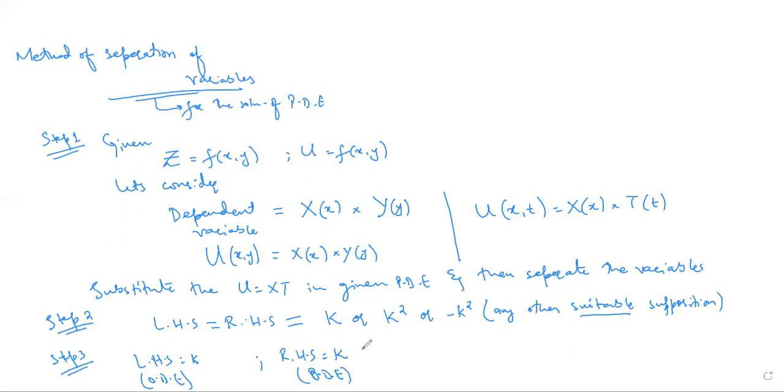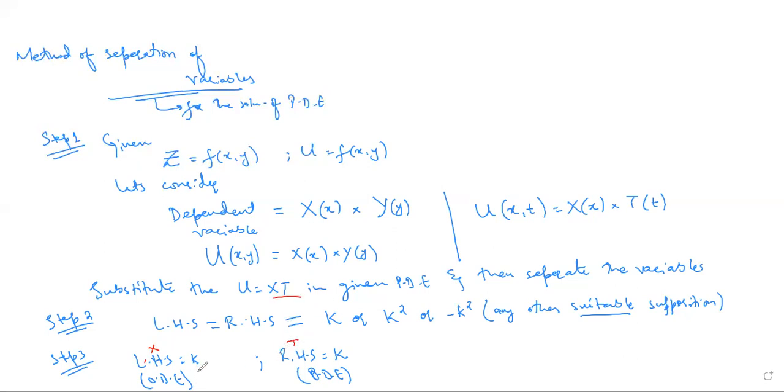So basically, you have to solve these two equations. Let's suppose if we solve the first equation, and this left hand side is basically containing the variable x, and this right hand side is, let's suppose, containing the variable t. For this case, we have two variables.